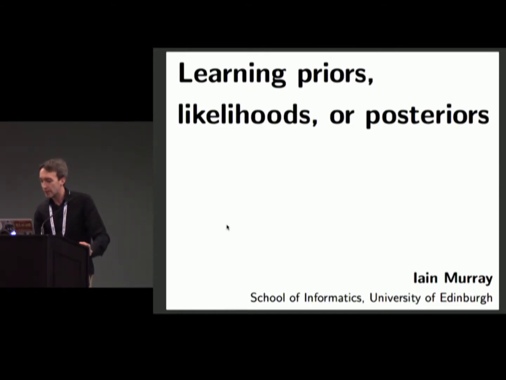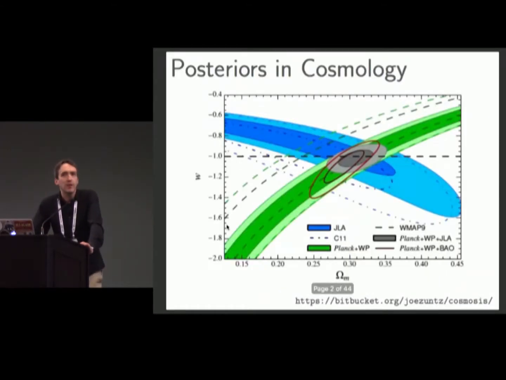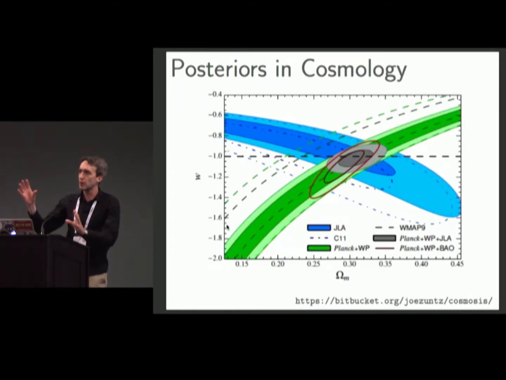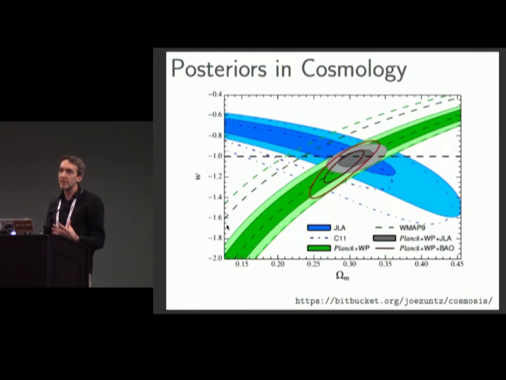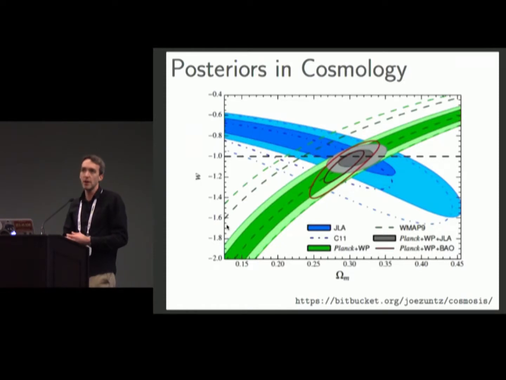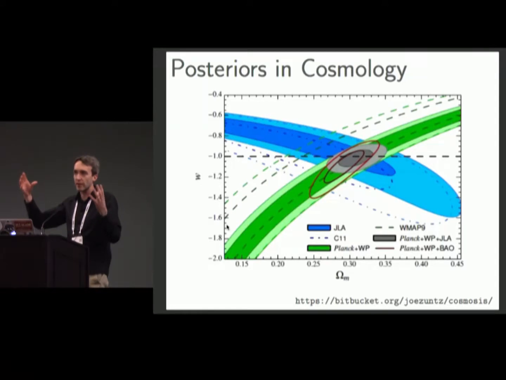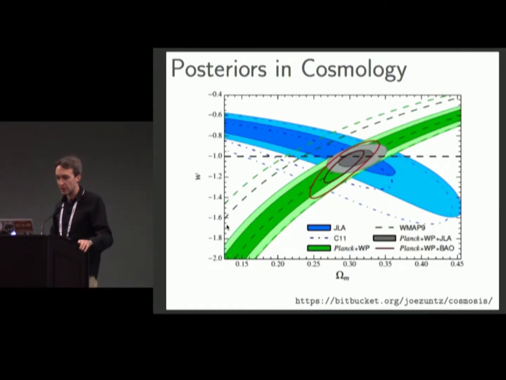So I talk to cosmologists a lot, and this is a typical figure that you might get in a cosmology inference paper, saying here is what we believe about a couple of free parameters in a cosmological model. There are these standard models like lambda CDM and their extensions where you have maybe 7 free parameters, maybe more, saying what sort of matter there was in the universe at the beginning and then what forces there were that made it evolve.